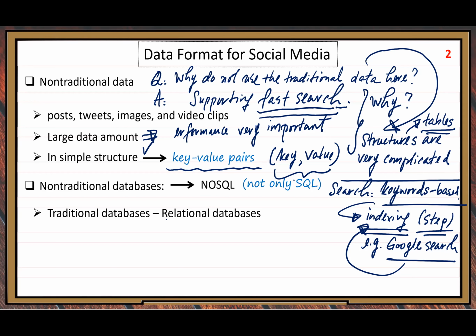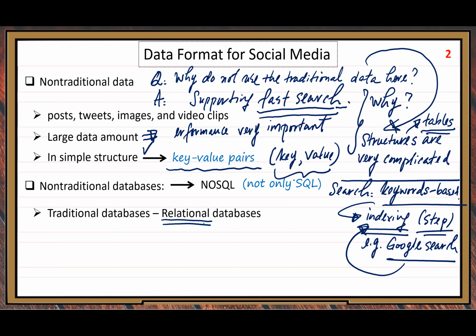This relation thing is very important. We have many tables, and we need to explore the relationships among those tables. But non-traditional is not relational. No relation to be considered.